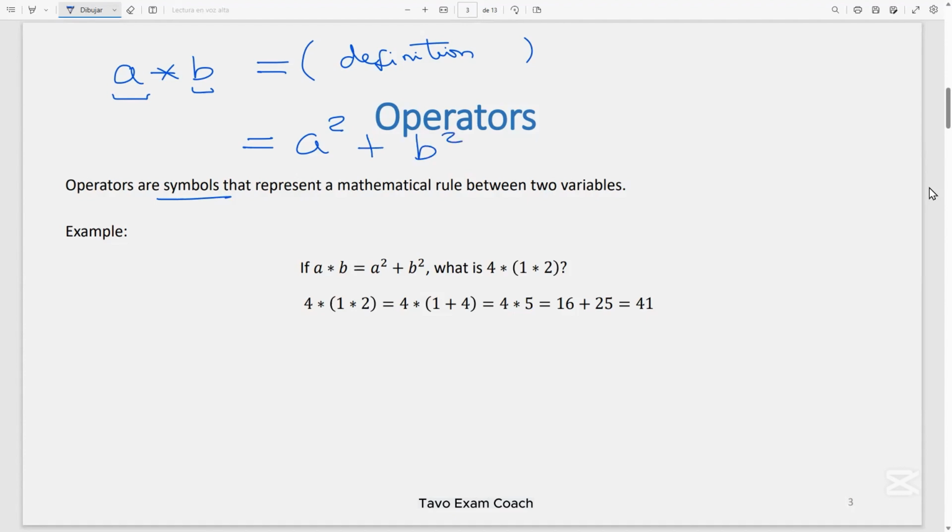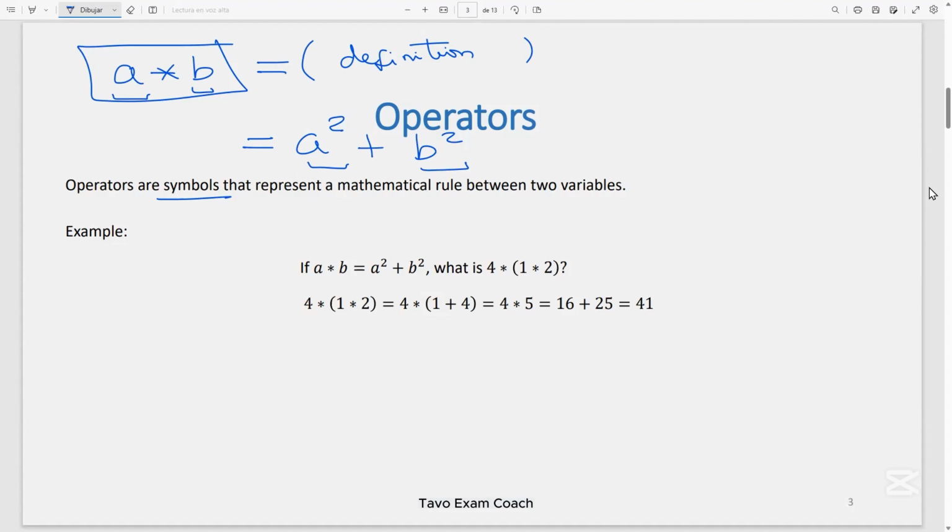Whenever we see something like this, it means that we need to pick numbers A and B, square each of them, and then add those squares together. That would be the output or the result of the operation.